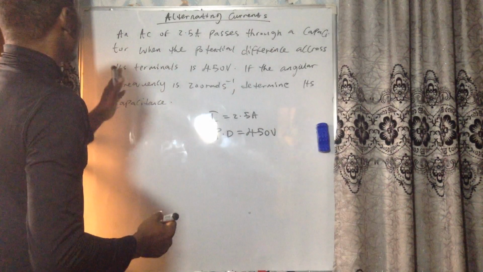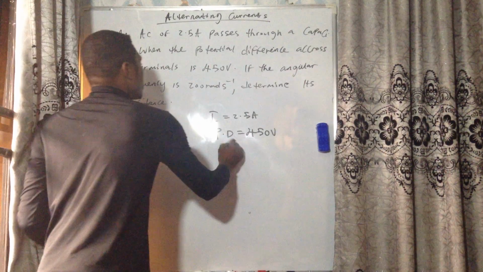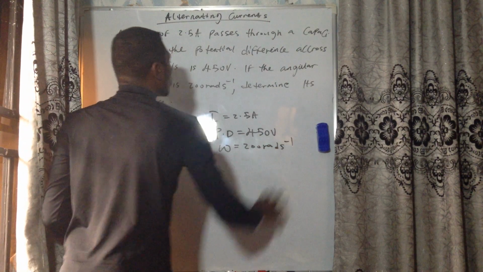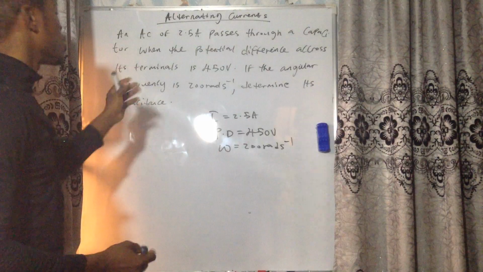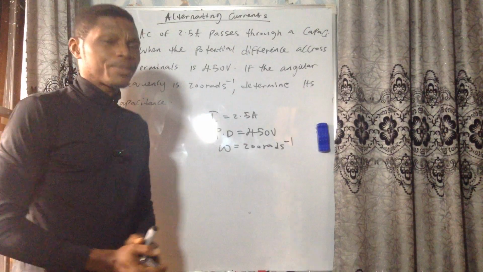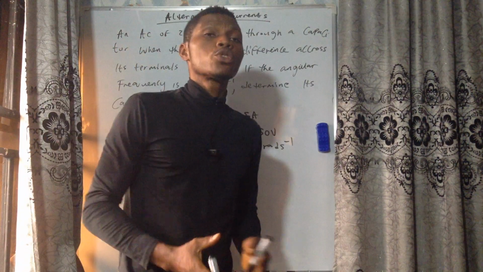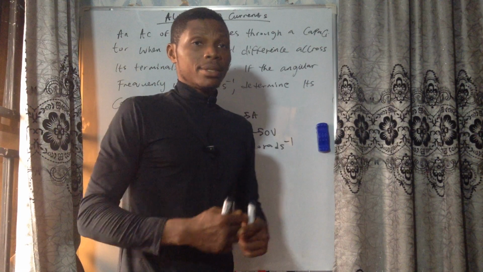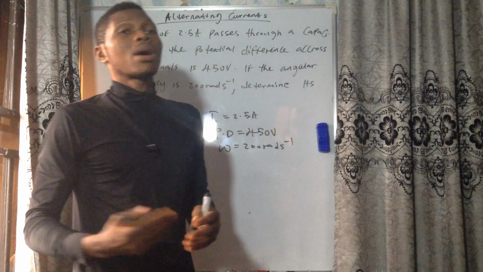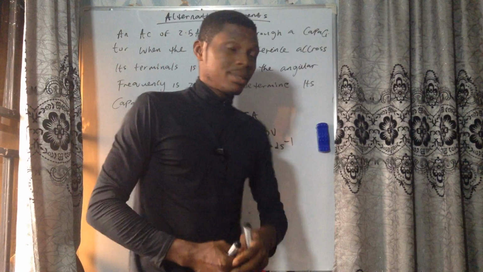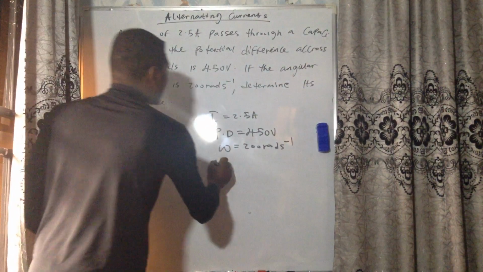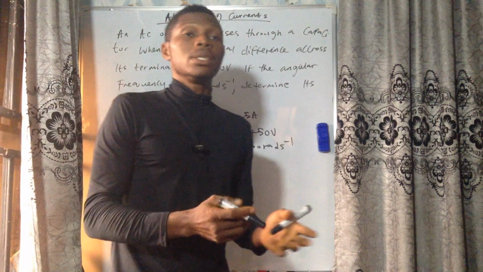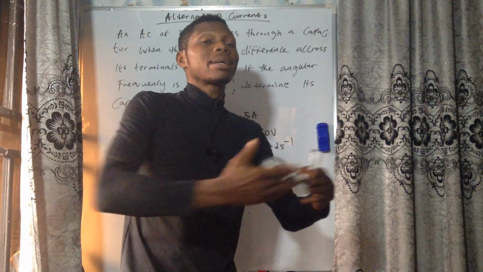They say if the angular frequency omega is equal to 200 radians per second, determine the capacitance. Now, a capacitor also opposes the flow of current in a circuit. So there's what we call capacitive reactance, XC. Just like resistance, instead of calling it resistance, we call it reactance.